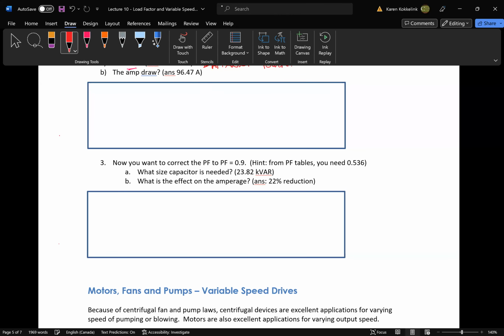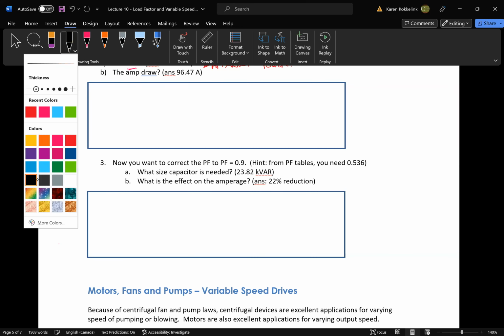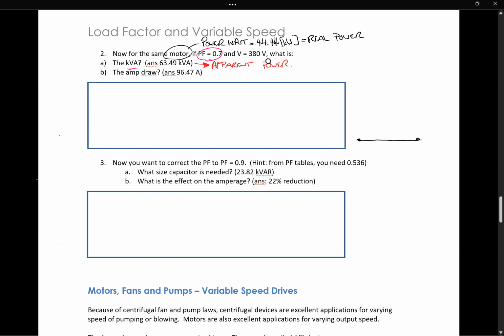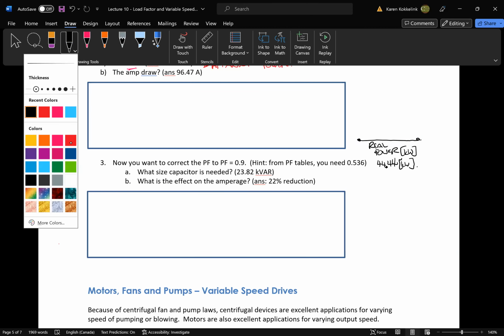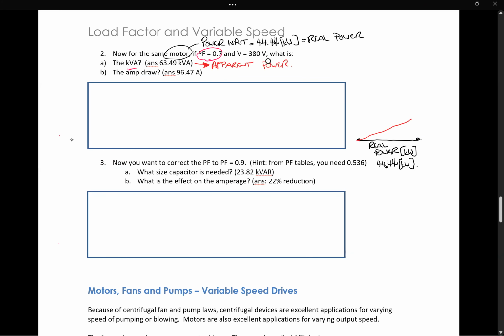And in our power triangle, we had our real power down here in kilowatts, and that was 44.44 kilowatts. And our apparent power is the one where we know we have a power factor that we have to do a correction for.